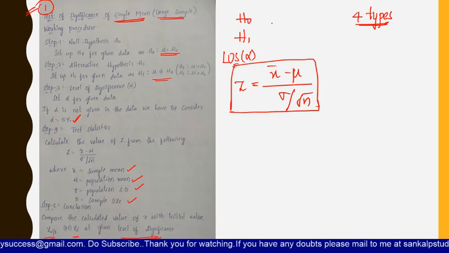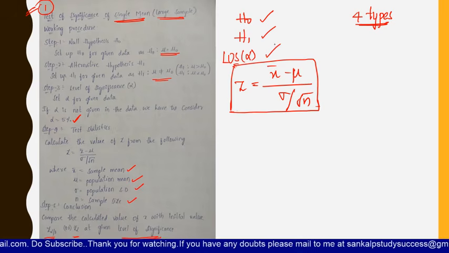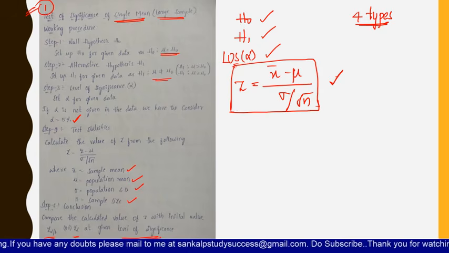First we consider the null hypothesis, then we specify the alternative hypothesis and the level of significance, which is given in the question itself. If it is not specified, then consider the value of alpha as 5%. And now test statistics. The formula of z is x bar minus mu by sigma by root n, where the values of x bar, mu, sigma and n will be mentioned in the question, so that you can substitute in the z formula and get the calculated value of z.